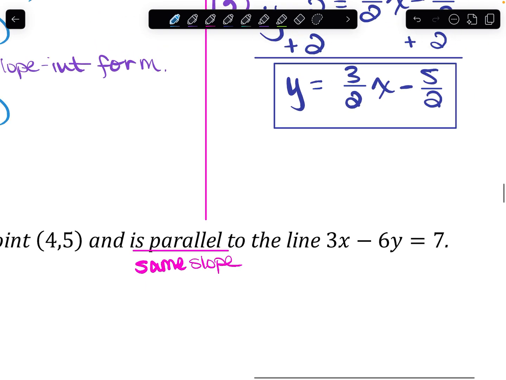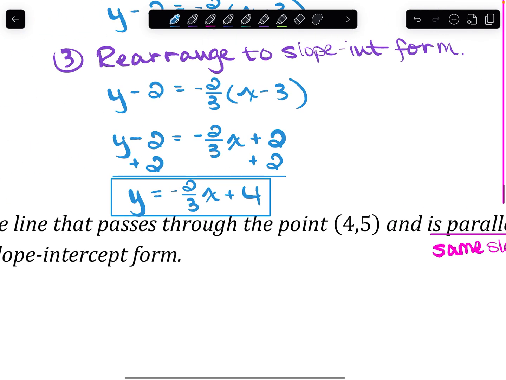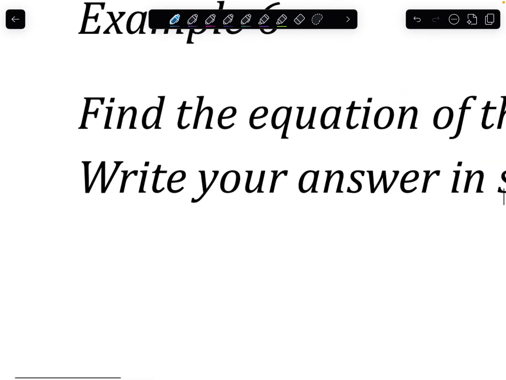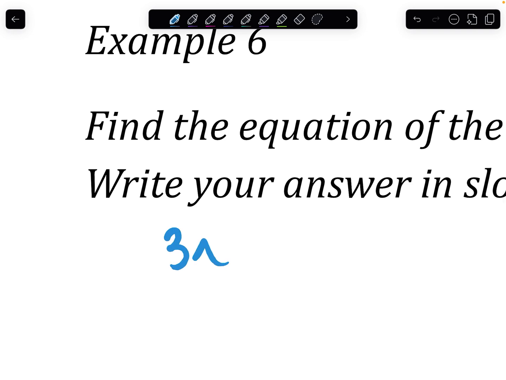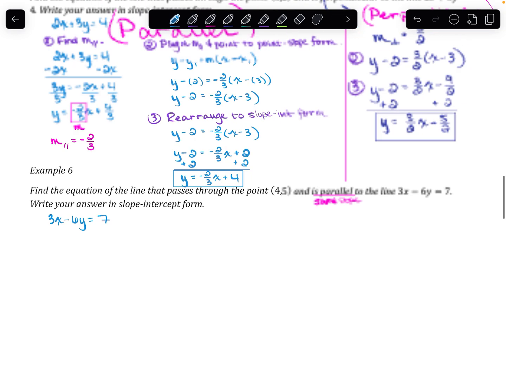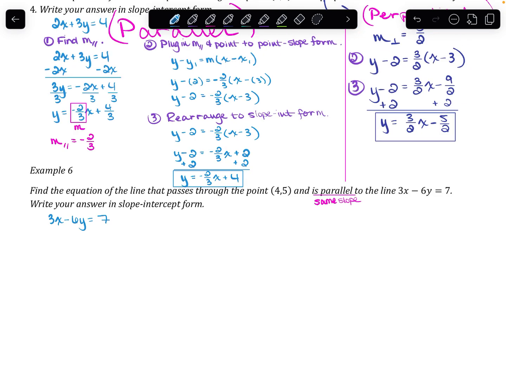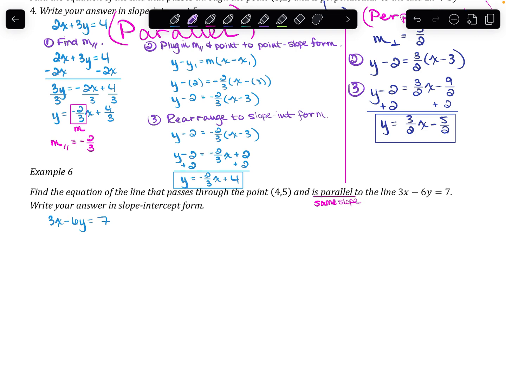All right, our equation is 3x minus 6y equals 7. So I'm going to bring that over here. 3x minus 6y equals, I think it was 7. Let me make sure. Yeah, 3x, good. All right, so step 1, we need to find the parallel slope this time.